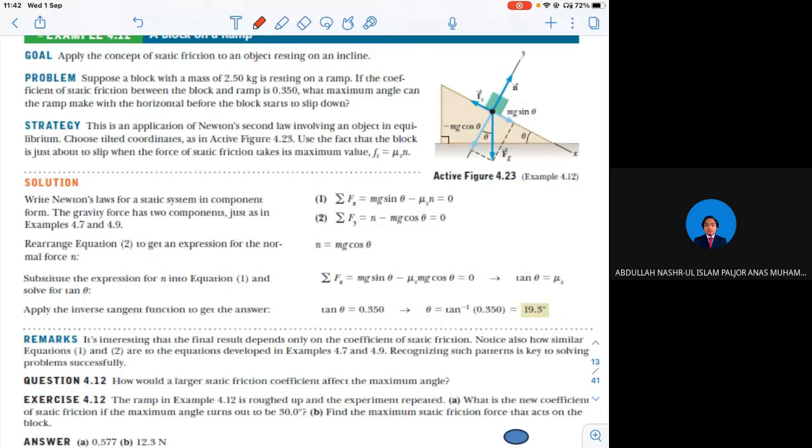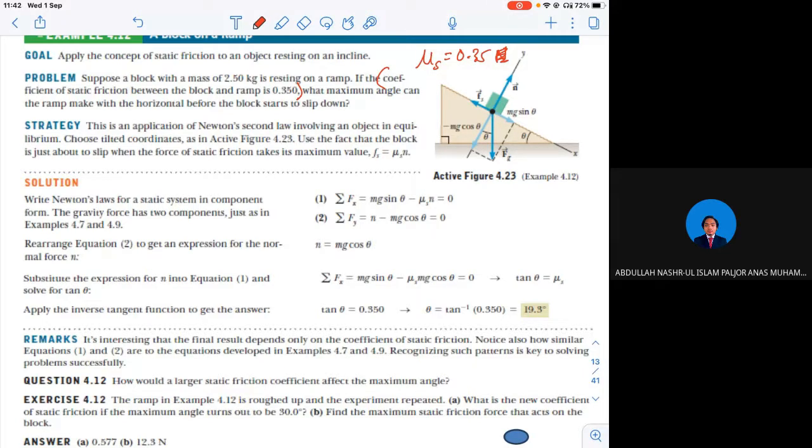If the coefficient of static friction between the block and the ramp is 0.35, so this one is the mu s. Mu s doesn't have a unit because it is a coefficient. What maximum angle can the ramp make with the horizontal before the block starts to slip down?